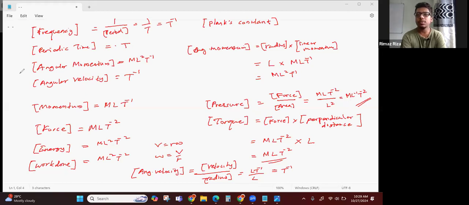In some textbooks, they refer to angular velocity as angular frequency, because it has the same dimension as frequency.